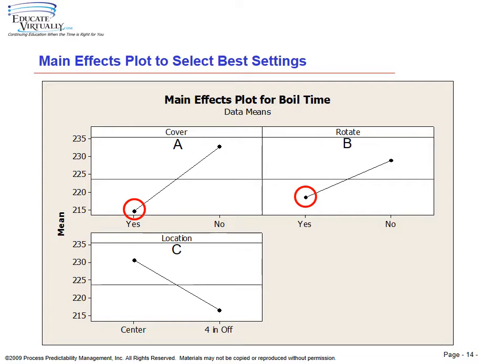That's going to give us the lowest time to boil a cup of water. And for factor C, we want to be 4 inches off center. That's going to give us the lowest value as well. So we want A1, B1, and C2 for level settings. Let's now take a look at the interaction plots because they were all significant as well.